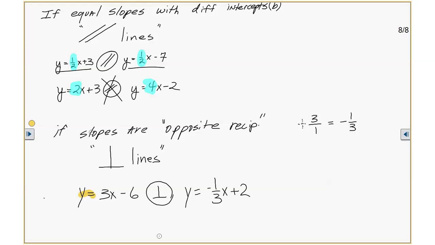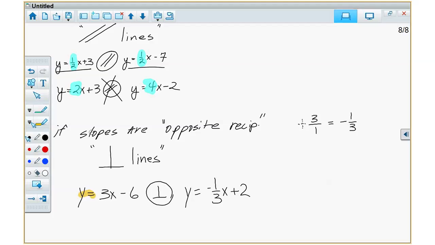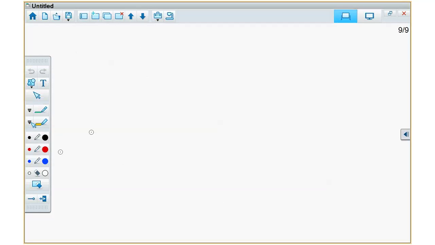You can work on that homework, but don't work on this one because I'm going to finish it Wednesday.